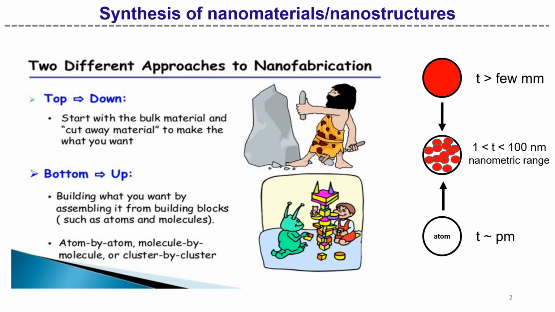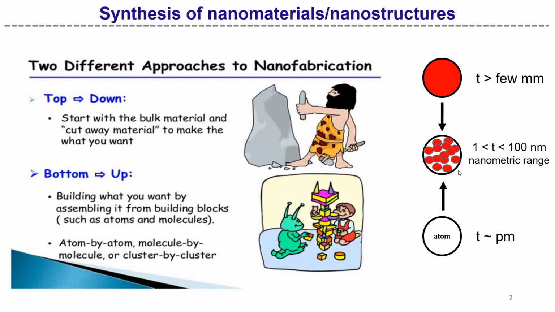Now, exactly the opposite approach is called the bottom-up approach, where we start from a very small scale, meaning the atomic or molecular scale. So you take a single atom and place that atom over here. Then you take another atom, place that second atom over here, then a third atom. Likewise, you collect all the atoms together to develop an overall dimension of the object which falls in the nanometric range.